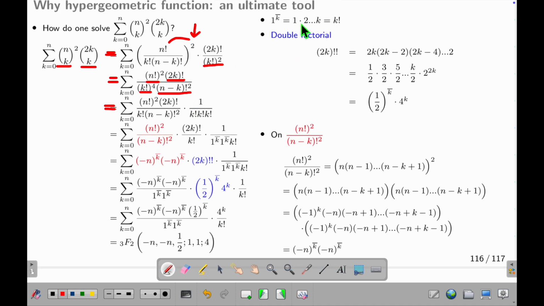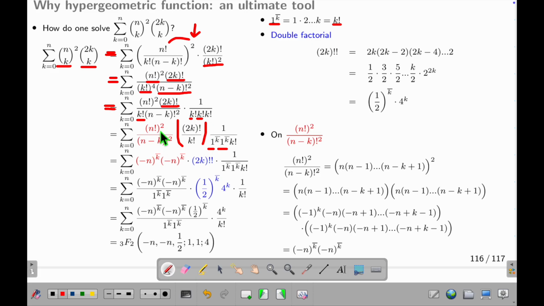So recall that 1 rising to k is k factorial. So 2 of them, I write as 1 like this. I did not change anything. And this k stays here. Okay? And now this 2k, I divide by this k factorial, stay here. Nothing changed, right? So I just change this 2 to a 1, 1.